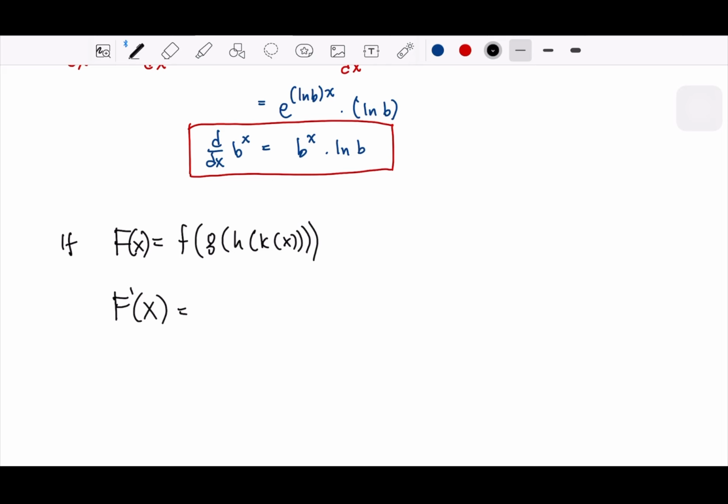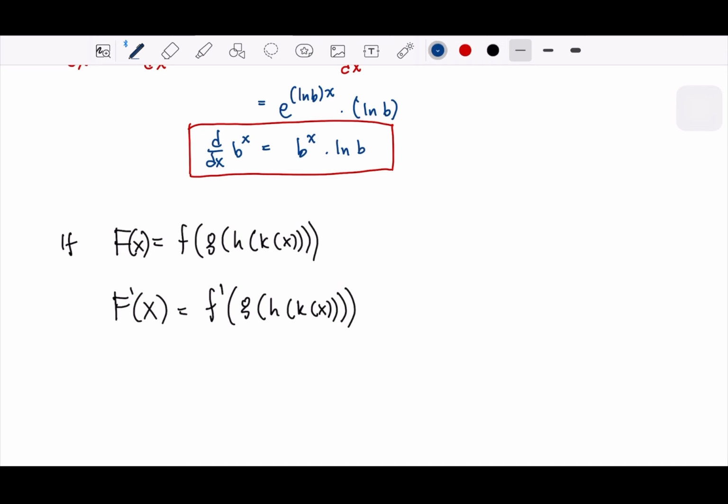Okay. So the way we think about how to write this in terms of derivatives is first we take the outside function. The most outside one is f, right? So we take f prime as usual and write all the things here. You're taking it slowly like that.